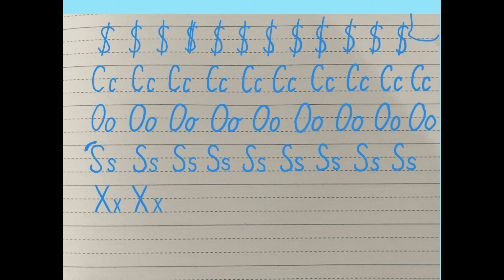So capitals, every capital begins at that solid top line, and our lowercase x in particular is in between those dotted lines. Aiming for your capital letter to make that crossing part happen right in the center, right on that dotted line.